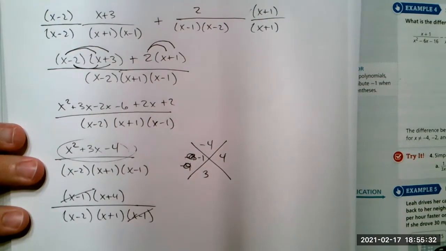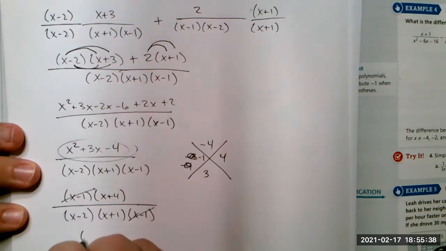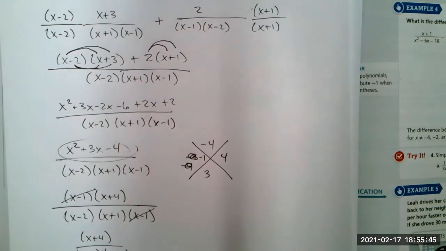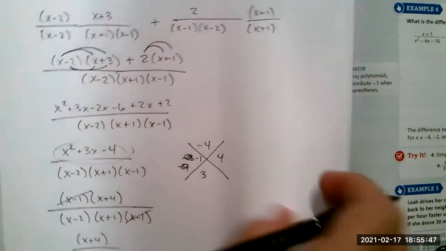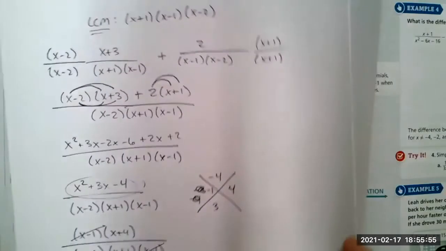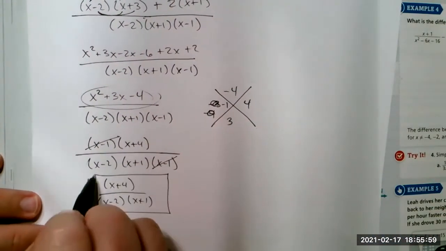In the denominator, I have an x minus 1. In the numerator, I have an x plus 4, but none of that down below. So my final answer is going to be x plus 4 up top, x minus 2 times x plus 1 in the bottom. And let's make sure, what's the sum? It doesn't look like they're wanting restrictions. So in this case, that would be the sum.